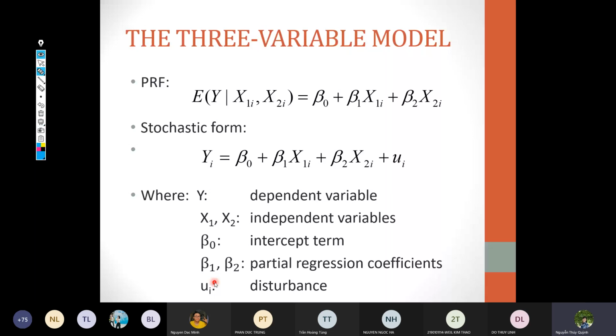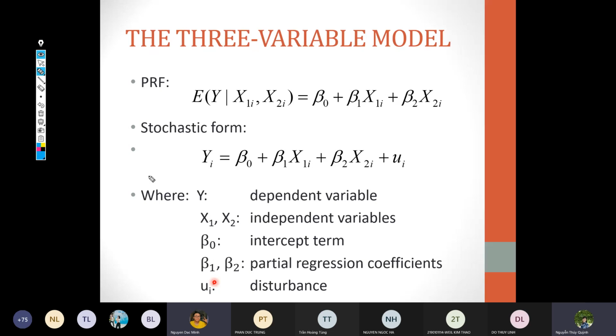What is the corresponding sample regression model in this case? Anyone who can help me with this? The corresponding sample regression model.